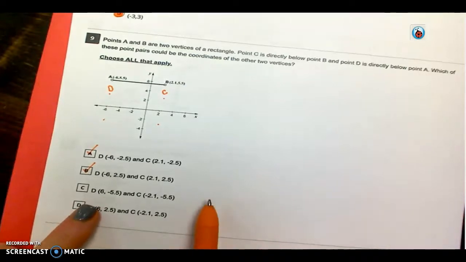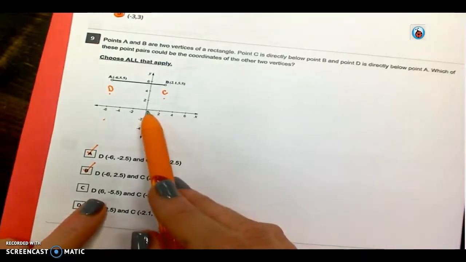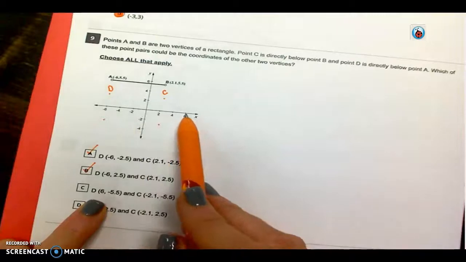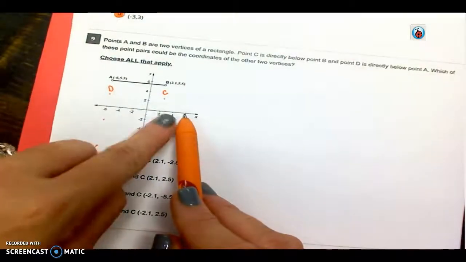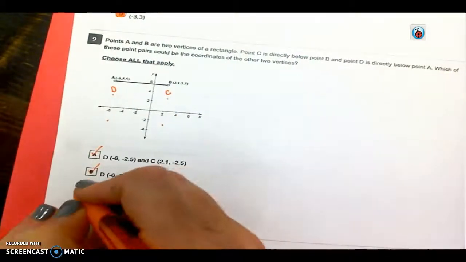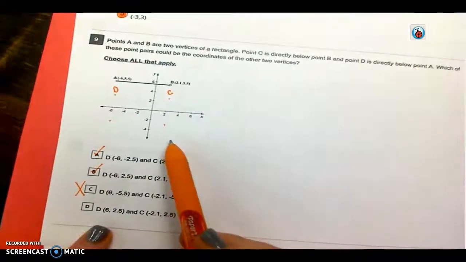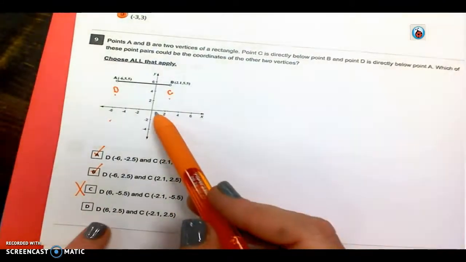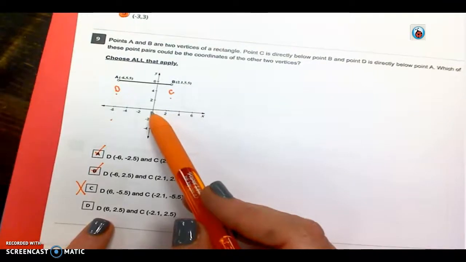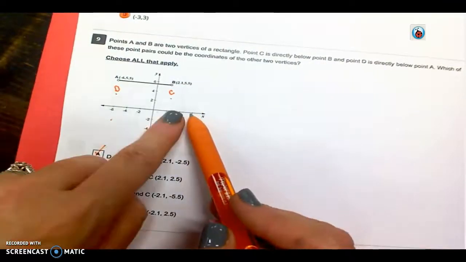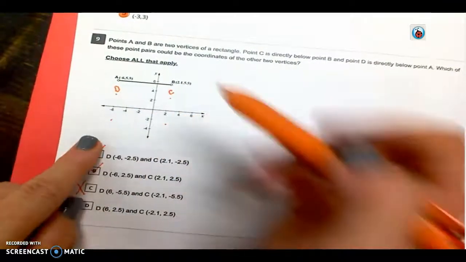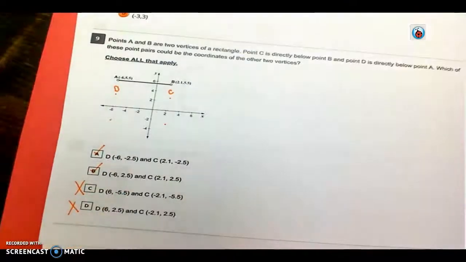Now, the next one, if you'll notice, D is over at +6, which is not at +6. So it could not be C, and it could not be D as well, because that also is moving us to a +6, and D is not here. Let's go to the next video and continue.